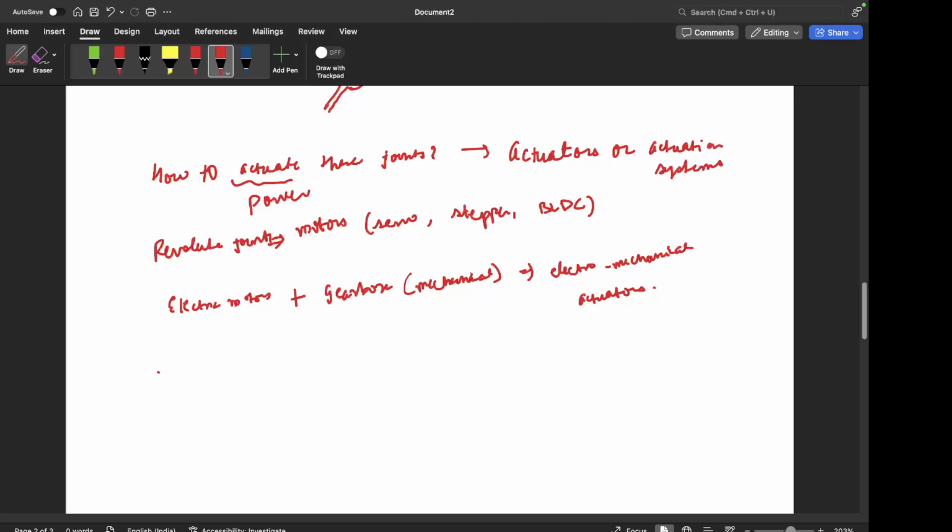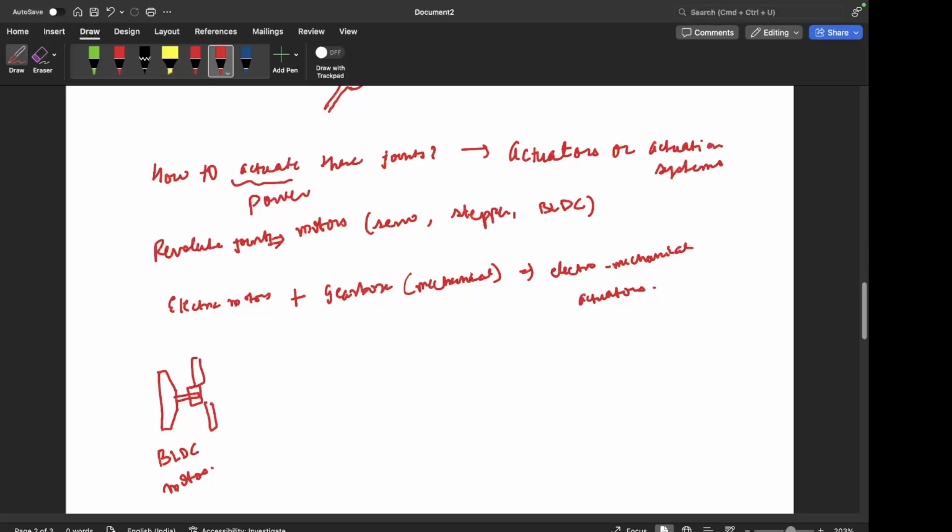So these robots that we build use BLDC motors, which are brushless DC motors, right? There is a shaft, and then we have a sun gear, and we have three planet gears, right?